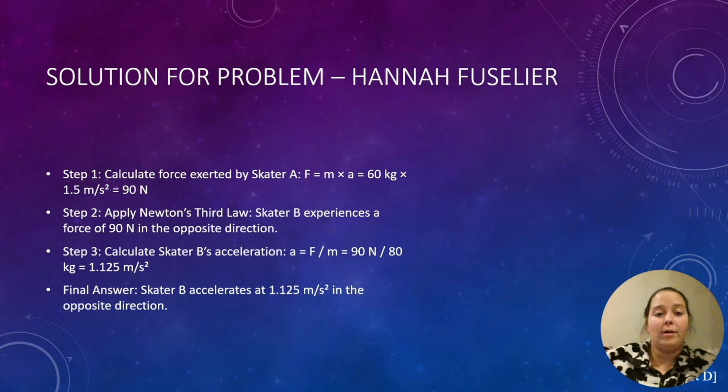Step 3: Calculate skater B's acceleration. a equals F divided by m equals 90 divided by 80 kilograms equals 1.125 meters per second squared. And the final answer: skater B accelerates at 1.125 meters per second squared in the opposite direction.